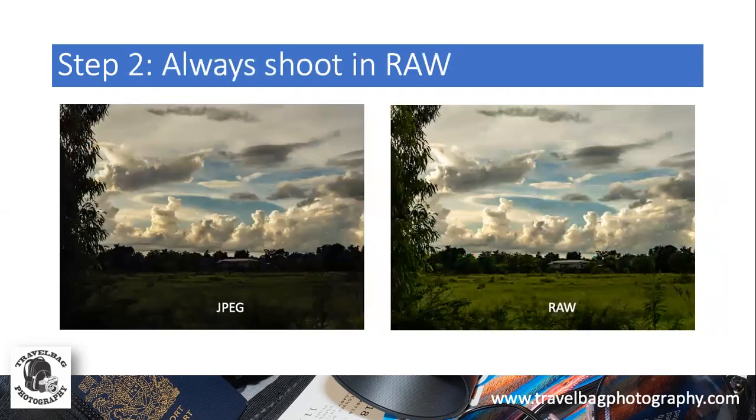Always shoot in RAW. So if you're an amateur photographer or semi-pro or even a pro, you should be using a processor. So you should be processing the digital photography that you make. So raw files are like the digital negative of the old school, where you had the black and white negatives.